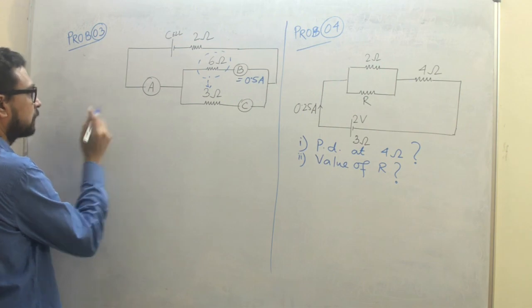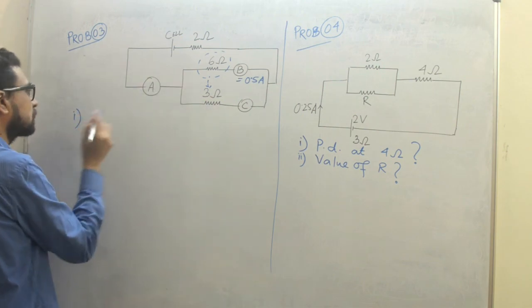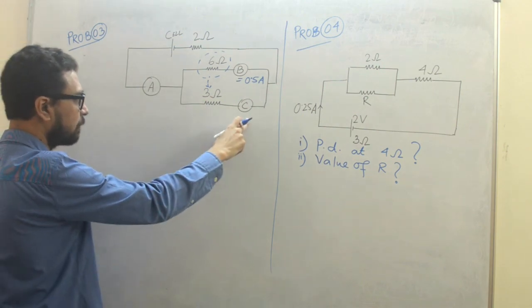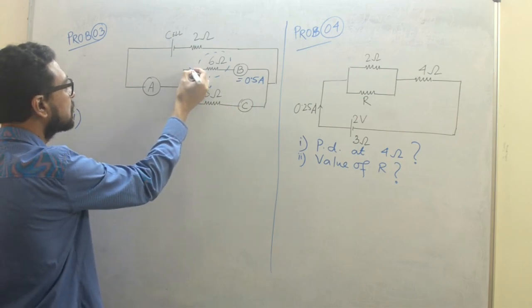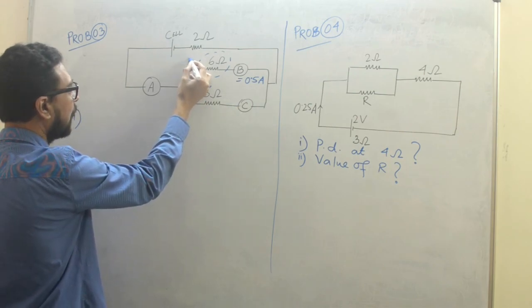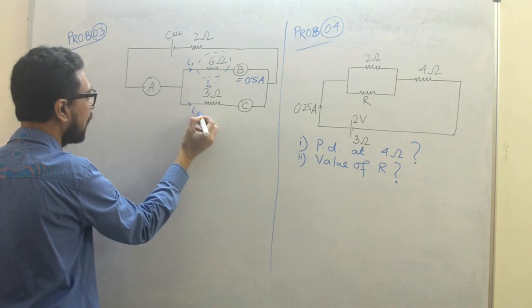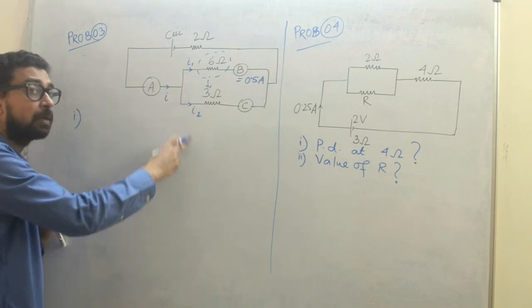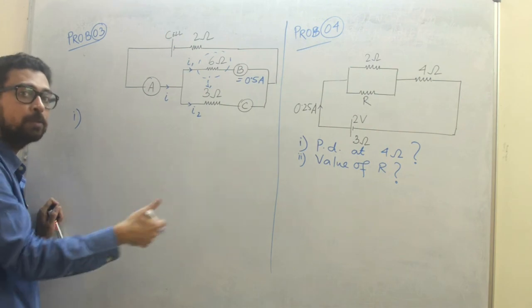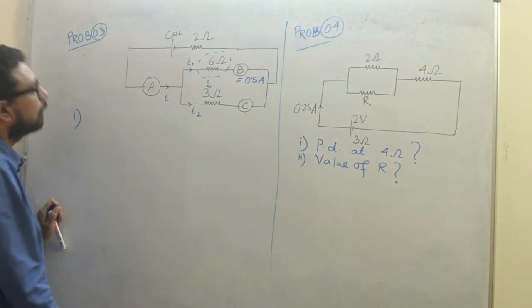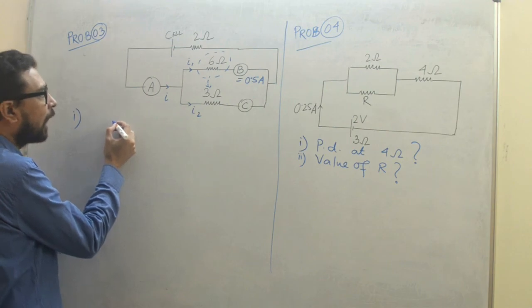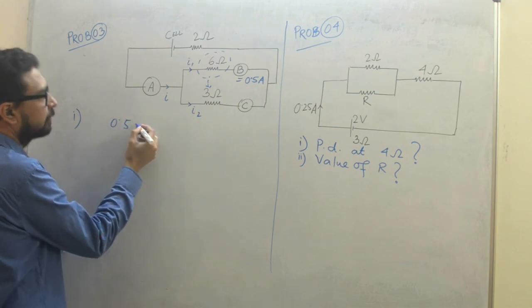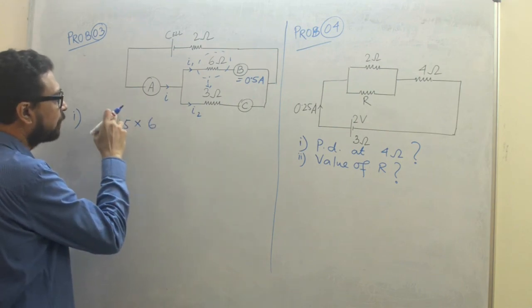The first thing we asked for is the reading in ammeter A and ammeter C. If this current is I1, this current is I2 and this current is I, then I is equal to I1 plus I2 according to the rules for parallel combinations. I1 I know: 0.5 into 6, I1 R1.